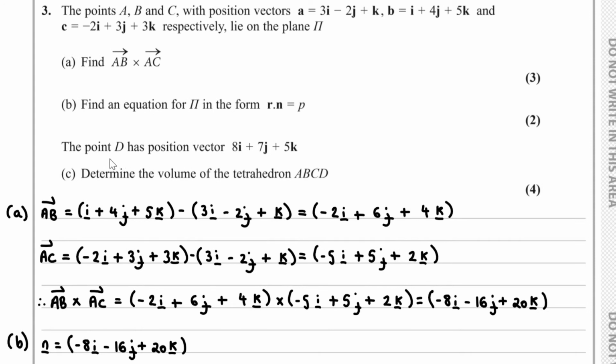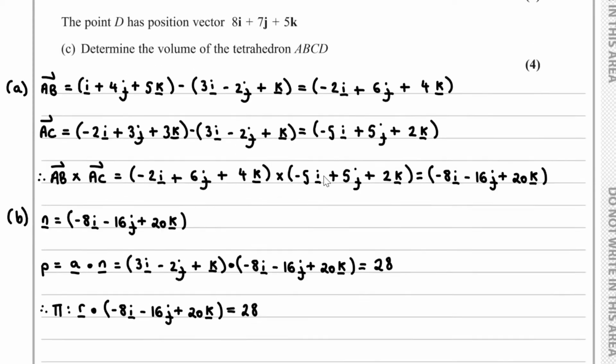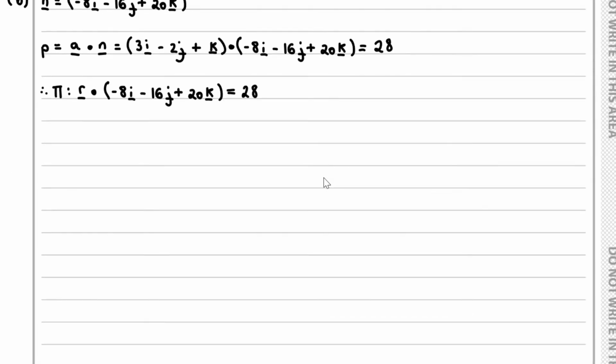Now for part C, the point D has position vector 8i plus 7j plus 5k, and we have to determine the volume of the tetrahedron ABCD. For part C, it will be a good idea to first sketch out this tetrahedron.